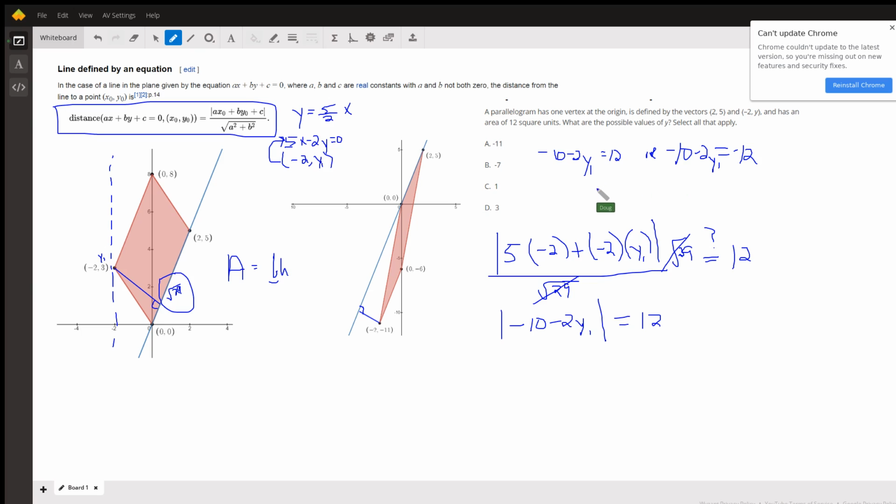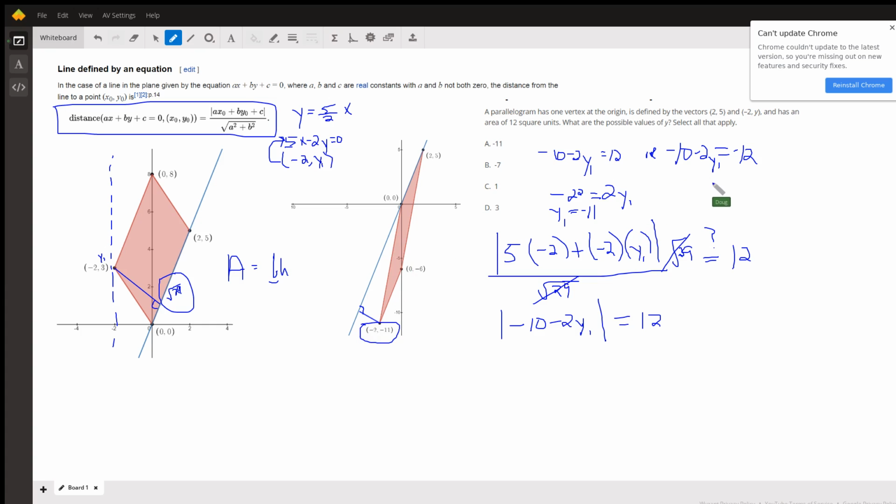Okay, so let's see. If I take the 2 y sub 1 to this side and subtract 22 from both sides, I get y sub 1 equals -11, which is what I have shown right here. The area of this parallelogram is 12.